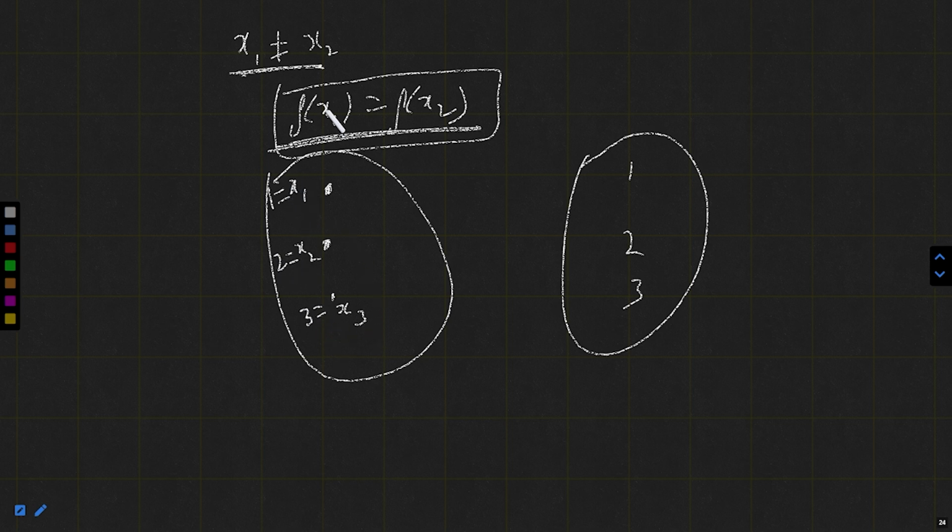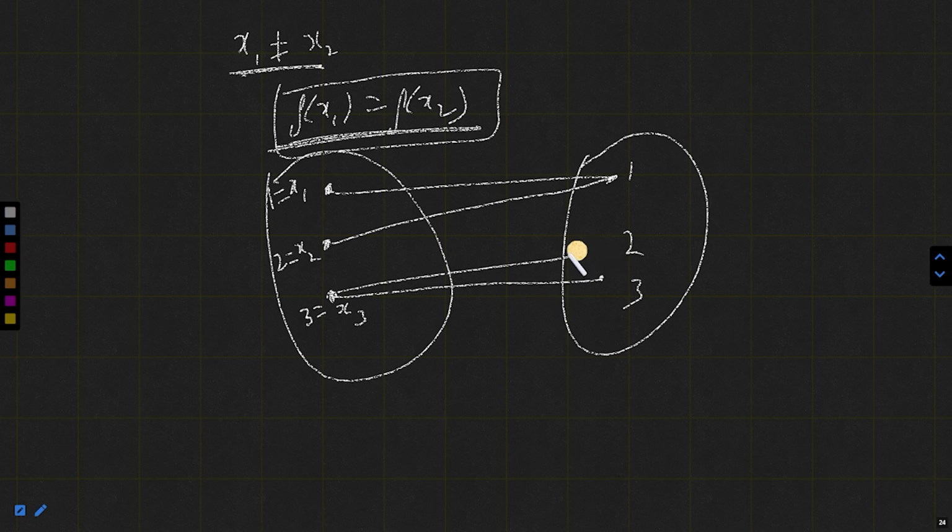If we take any x1 and x2 which go to the same element, and the remaining element is associated to only one element, because it is a function, then this means it cannot be onto.